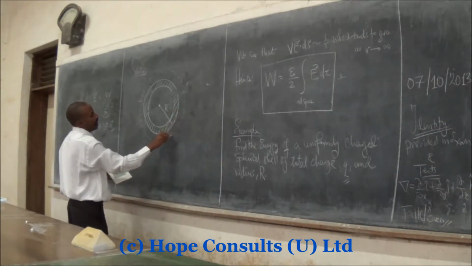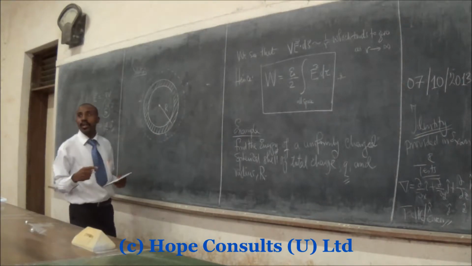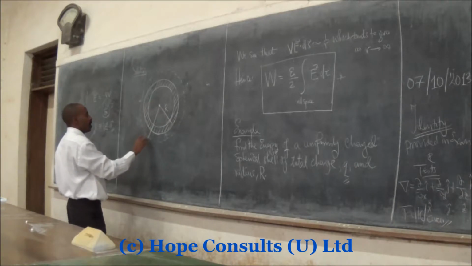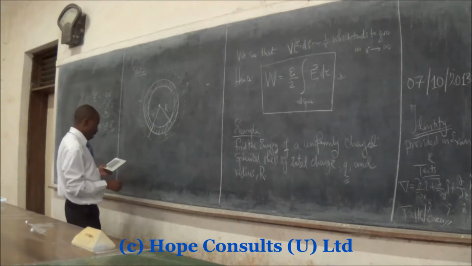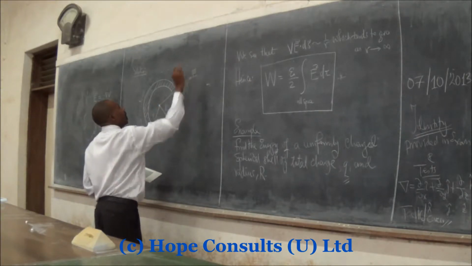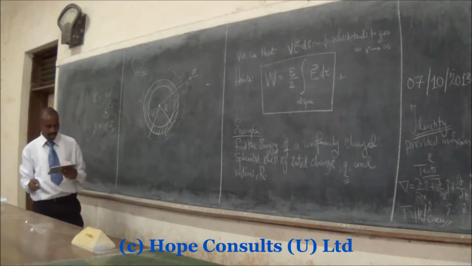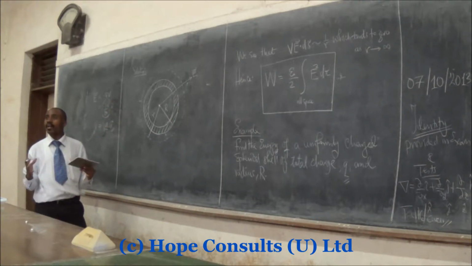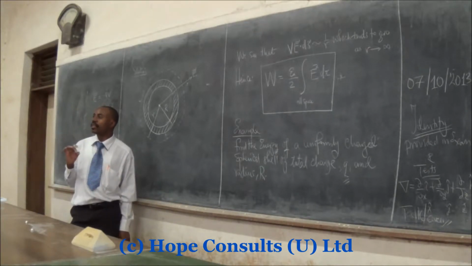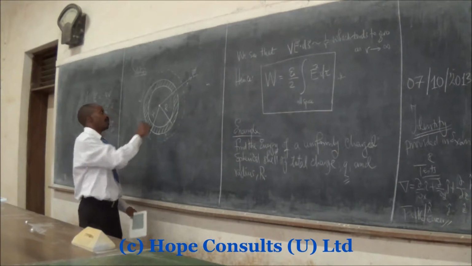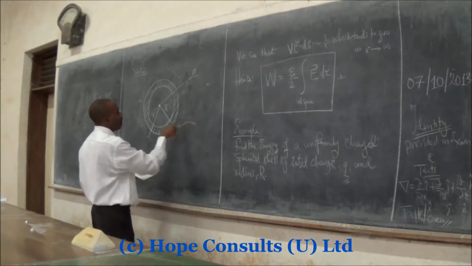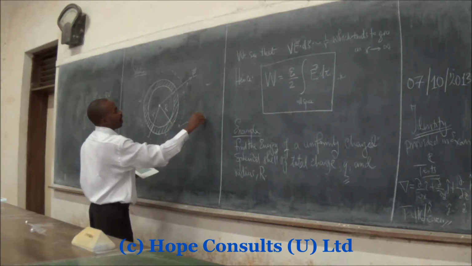So we take a sphere around our shell, and let our sphere have a radius small r, and we have our electric field intensity radial outward from the center of the shell. If we were far away, our spherical shell would appear as a point charge. So we take it to be coming from the center, and this is our Gaussian surface.